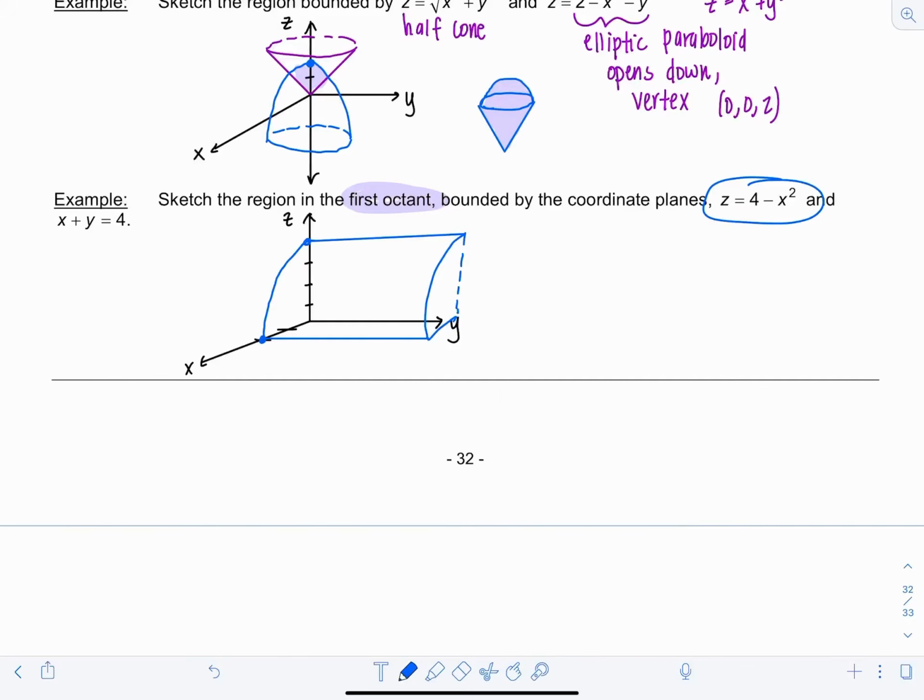And the intercepts, I can draw them right now. 1, 2, 3, 4. 3, 4. Okay, so here's this plane, and I'm only interested in the portion in the first octant. So I'm going to project it parallel to the z-axis.